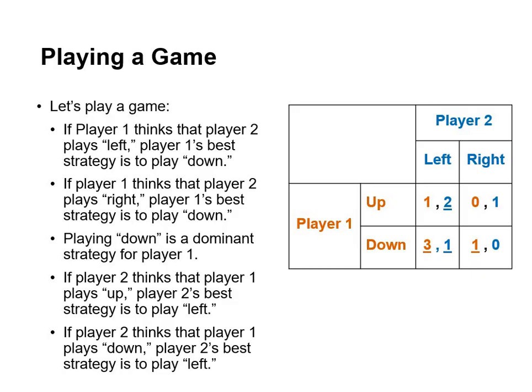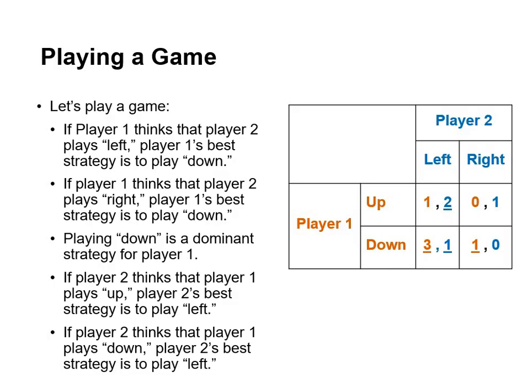Then let's move to player 2. If player 2 thinks that player 1 plays up, then what shall player 2 play, left or right? Left has a payoff of 2, right a payoff of 1. So left is better than right, and we underscore the 2. The last question would be, what is player 2's best strategy if player 2 thinks player 1 plays down?